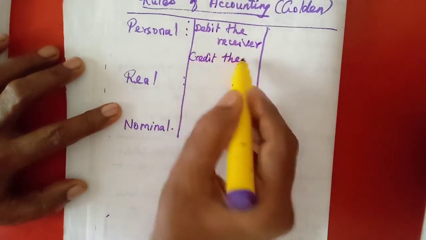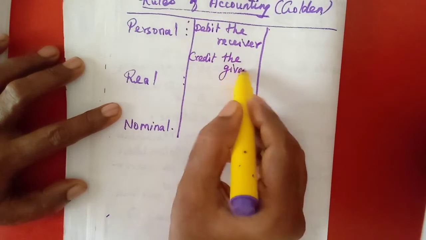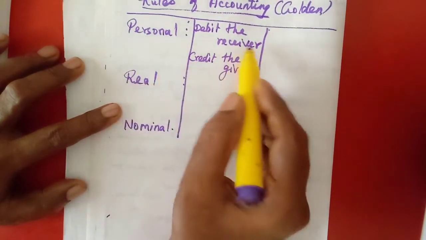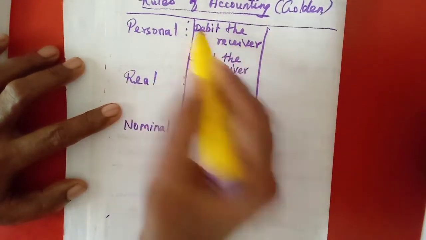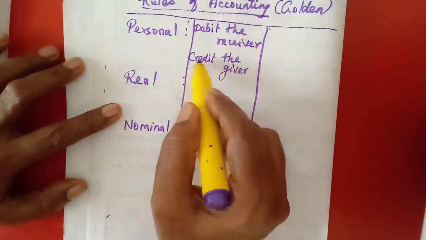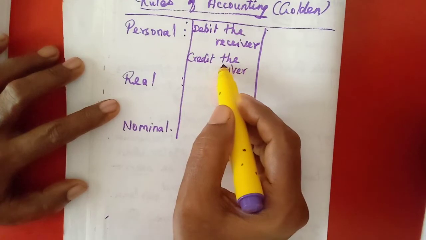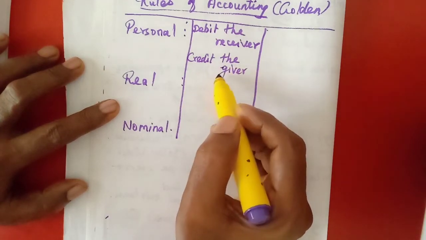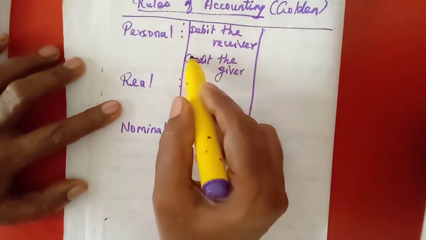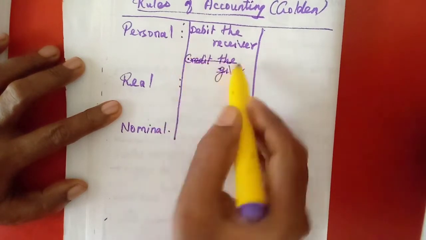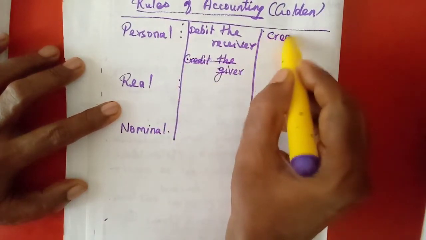The person who receives anything, we have to debit. If a person gives something, we should credit his account. Debit the receiver, credit the giver.